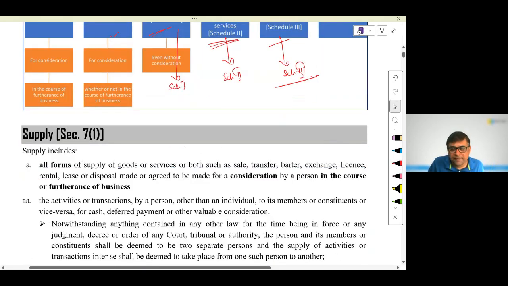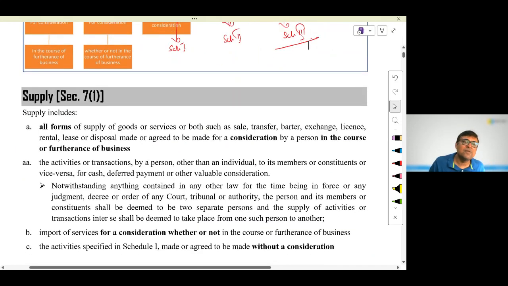Now, the inclusive definition of supply suggests that supply includes all forms of supplies of goods or services or both. If the supply is not of goods or services or both, then it is not treated as supply.